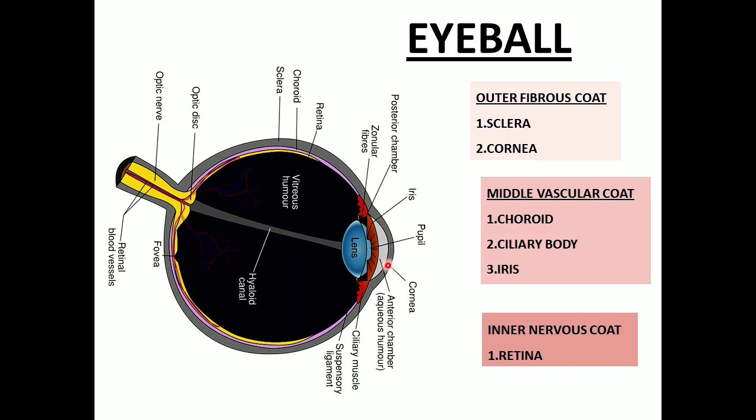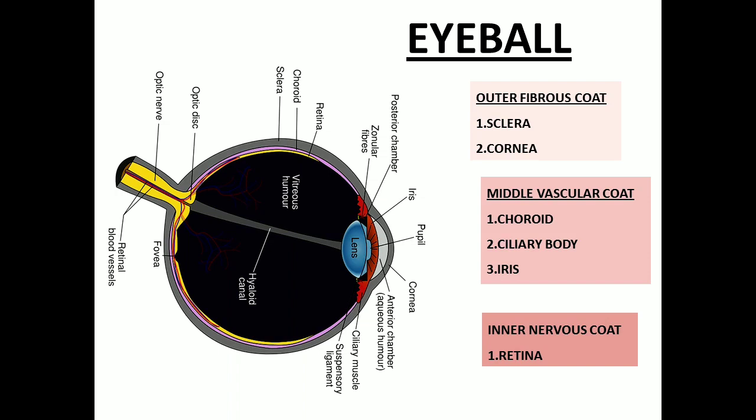Let us learn a little bit about the cornea. Cornea is the anterior 1/6 portion of the outer fibrous layer, and anteriorly the sclera continues as the cornea. So there is a sclerocorneal junction called the limbus. The cornea is located in the anterior aspect of the eyeball and continues posteriorly as sclera.